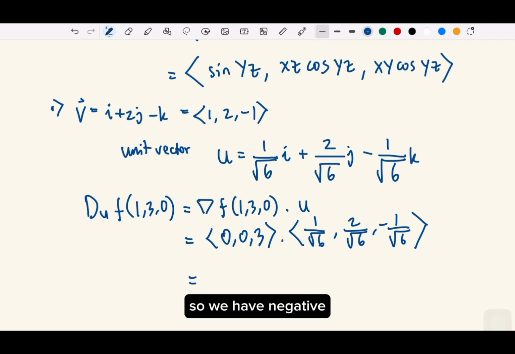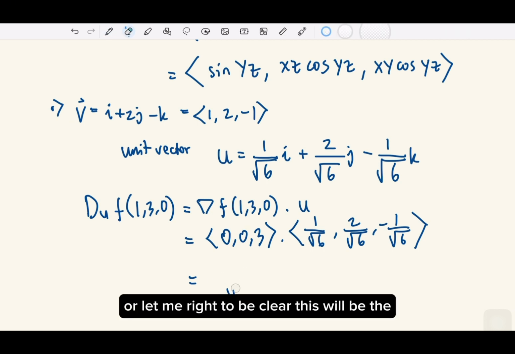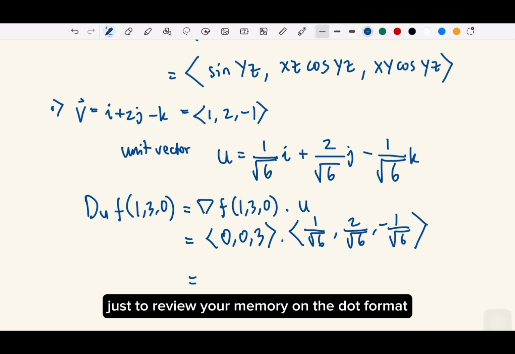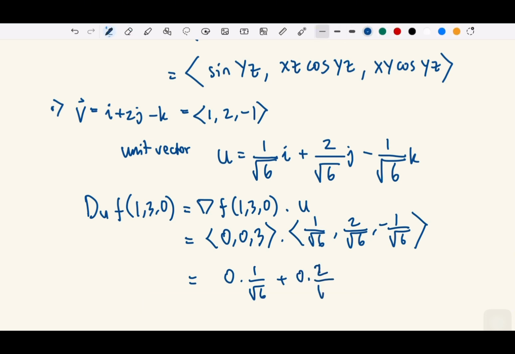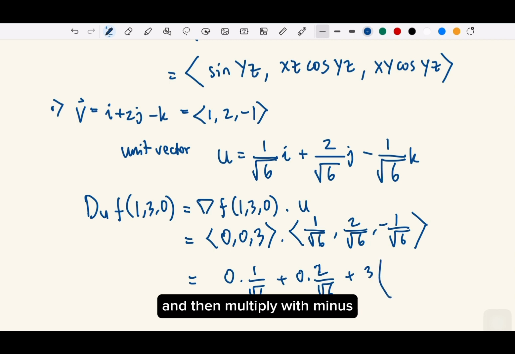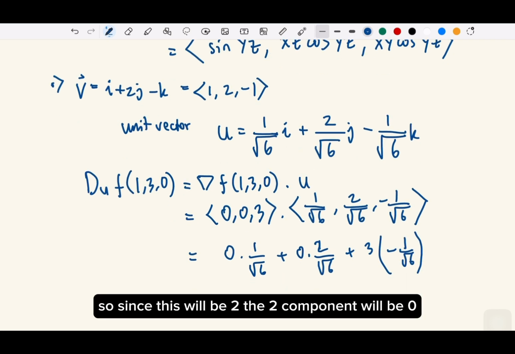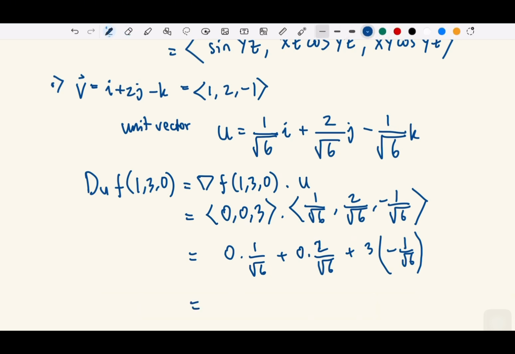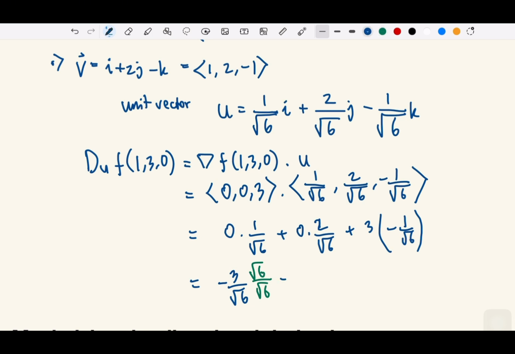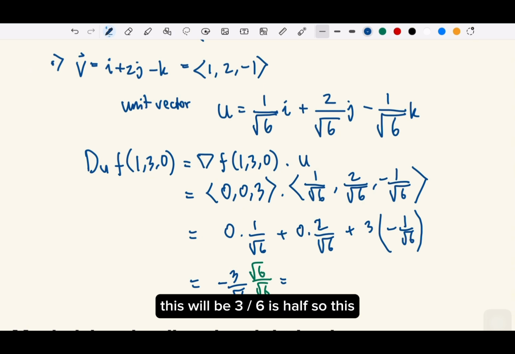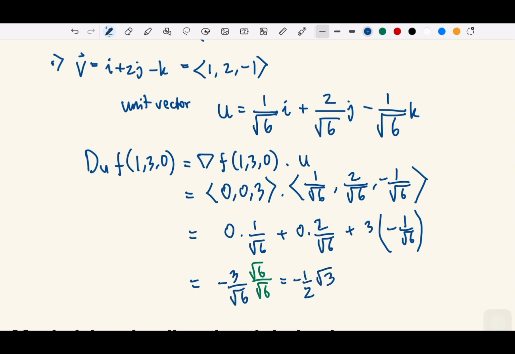Just to review your memory on the dot product, it is going to be 0 multiplied by 1, plus 0, plus 3 multiplied by minus 1. Since the two components will be 0, we have just the right side, and if you want to rationalize this, it is 3 divided by the square root of 6.